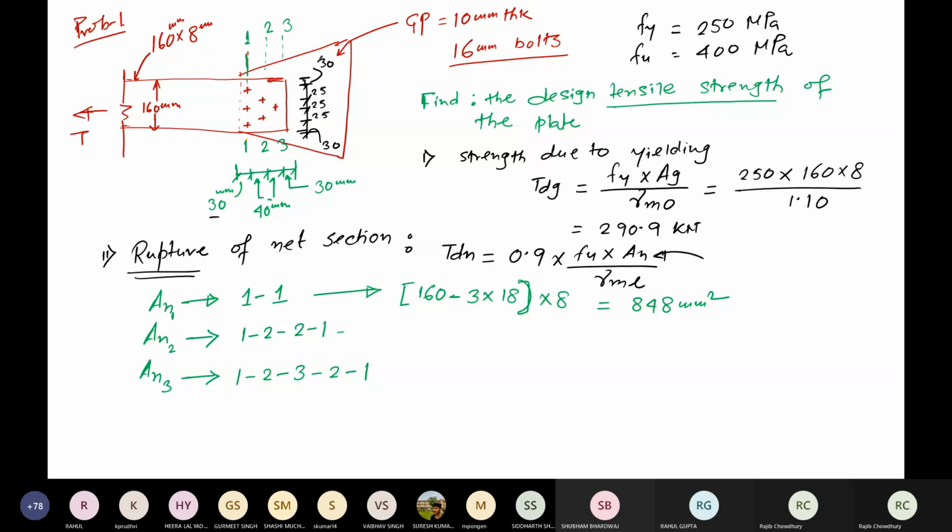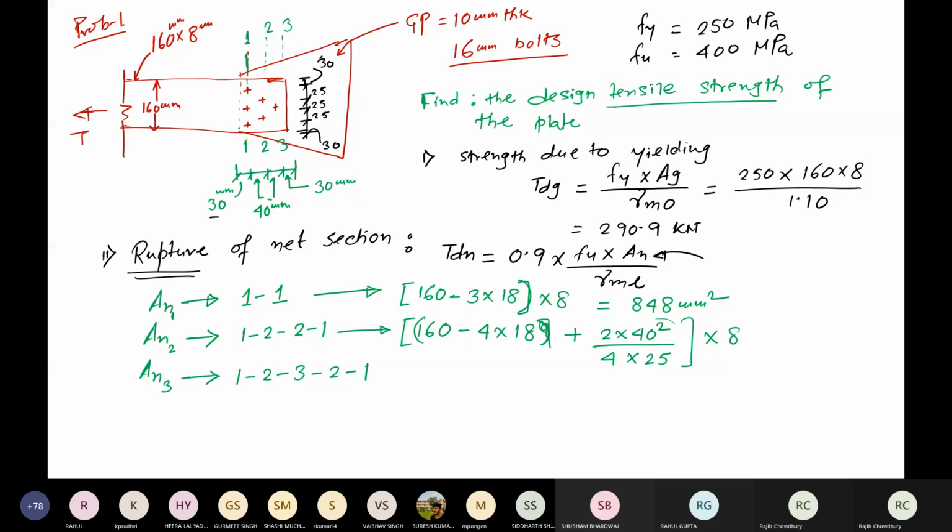Along the next path, if you choose it, 160 minus 4 times 18 plus 2 times p square, where p stands for the pitch, so 2 times 40 square divided by 4 times g, where g stands for the gauge, to be multiplied with 8.